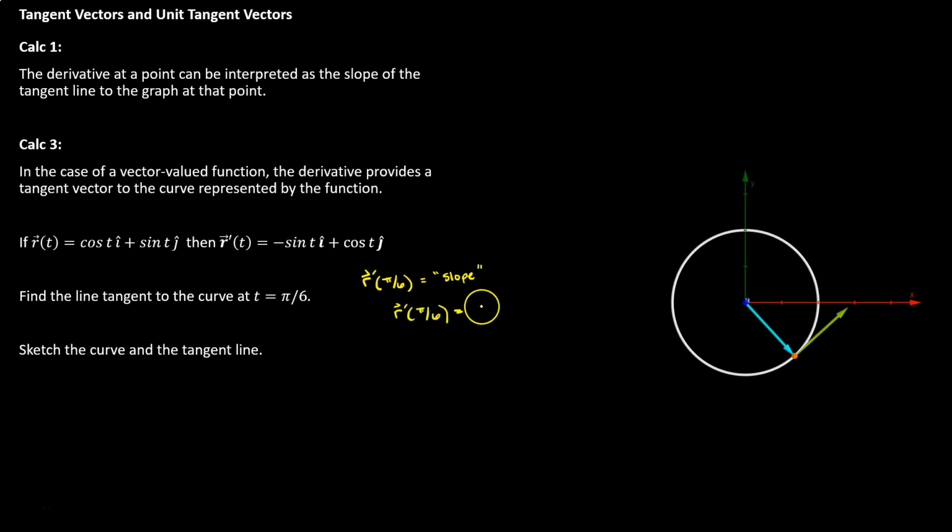So we'd have negative sine at pi over 6, which is just negative 1/2 i hat. And then we'd have cosine at pi over 6, which would be root 3 over 2 j hat. Now what I mean by this vector is essentially slope is that this is the vector that our tangent line should be parallel to.